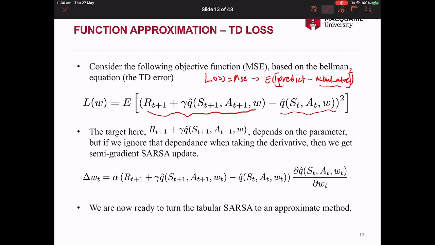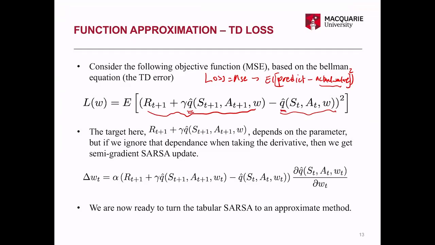Now, you may say that, well, that's not actually true, because this is actually coming from the same function. This is exactly this function. How is this even possible? Yeah, and that's why this is not a fully gradient algorithm. It's actually called semi-gradient SARSA, because we're assuming that this function here is not dependent on W, the thing that parameterizes it.